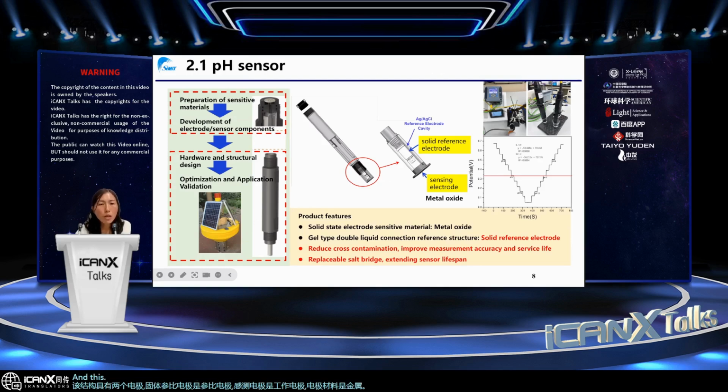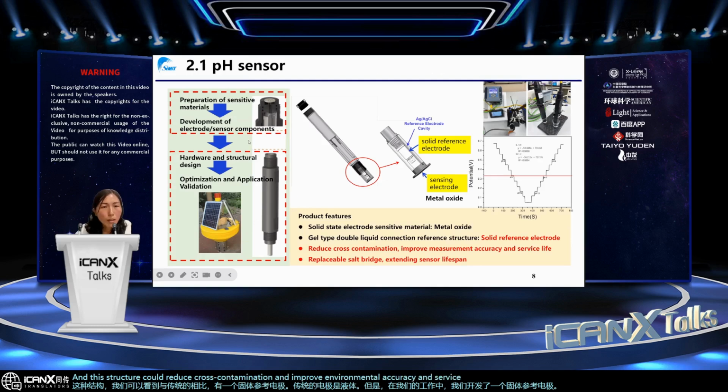From this structure, we can see the solid reference, compared with the traditional liquid one. However, in our work, we developed the solid reference electrode, and this structure could reduce cross contamination and improve measurement accuracy and service life.